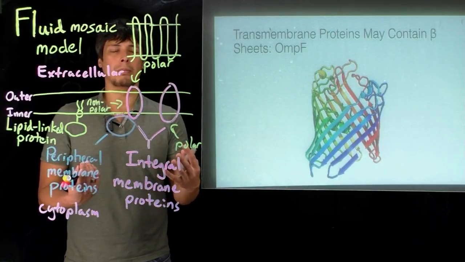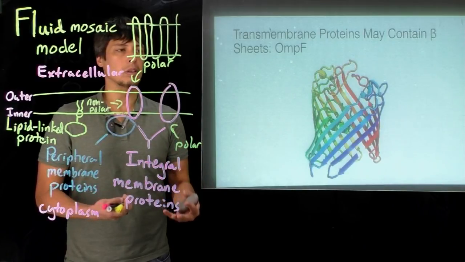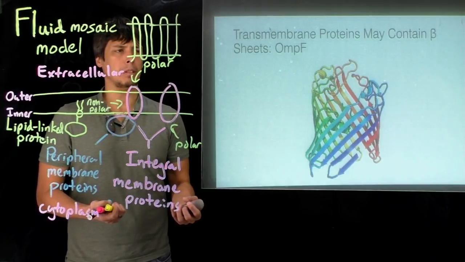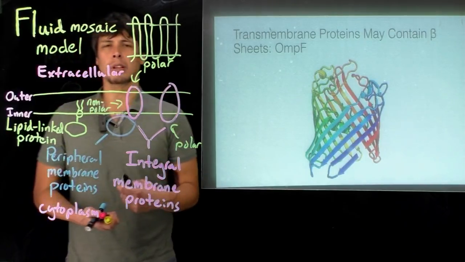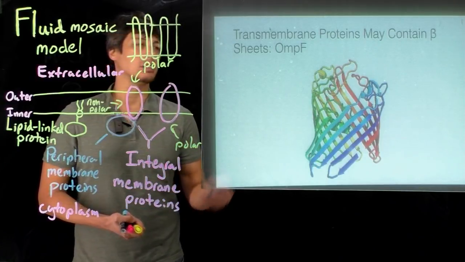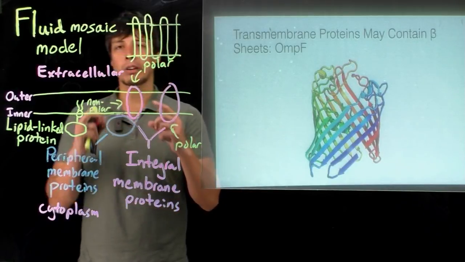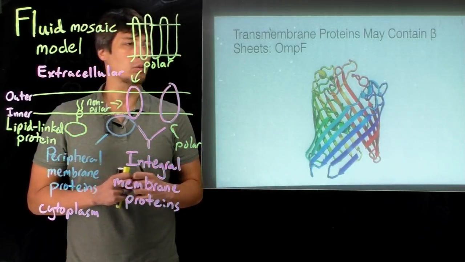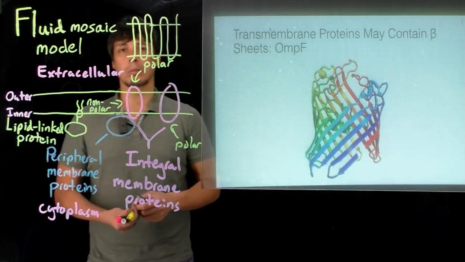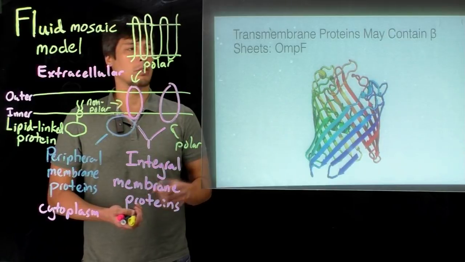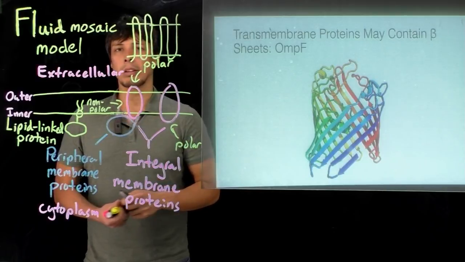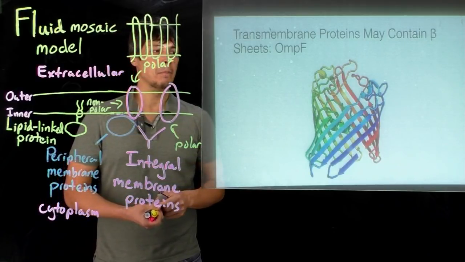There can also be hydrophobic secondary structures which use beta sheets instead of alpha helices to create the hydrophobic core necessary for an integral membrane protein. This allows for creation of a protein like this, which is actually like a pore, allowing transfer of materials in and out of the cell.